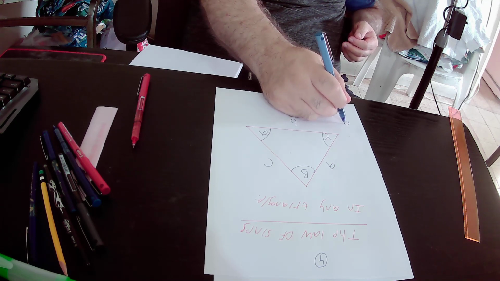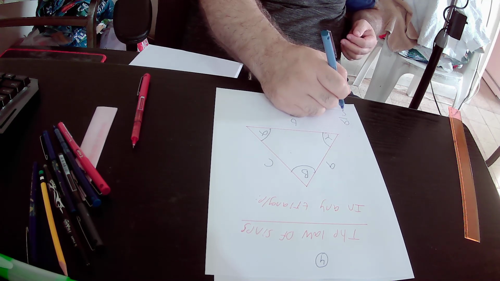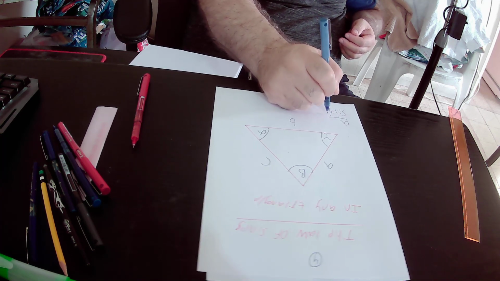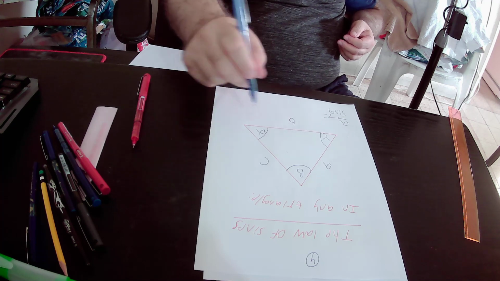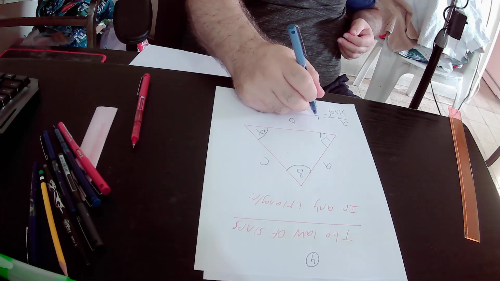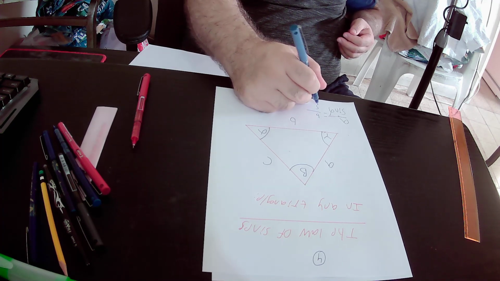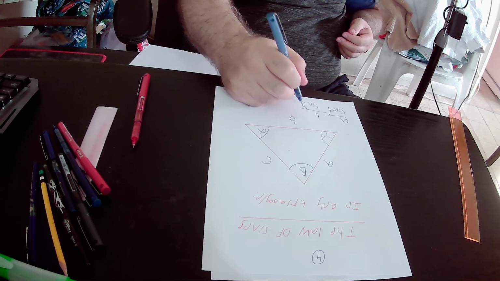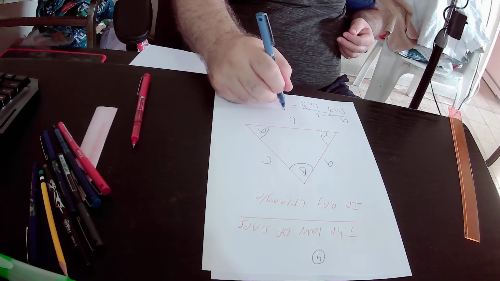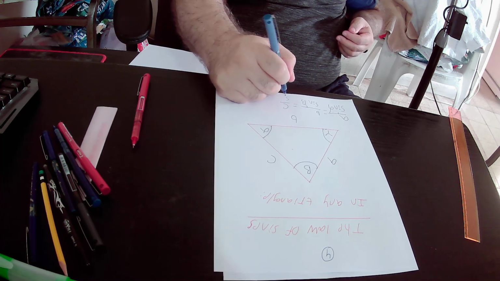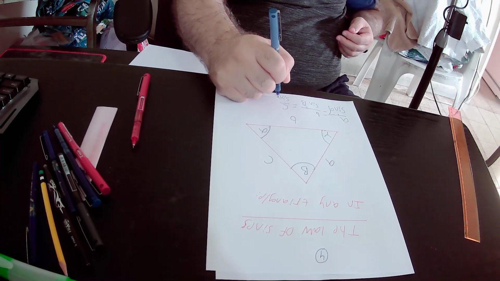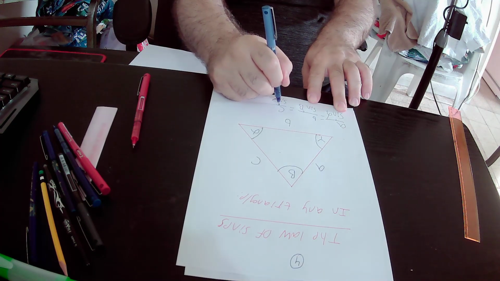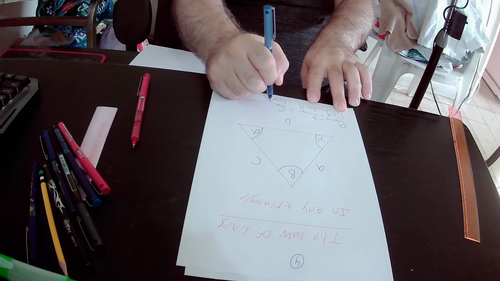A over sinus alpha equals B over sinus beta equals C over sinus gamma. It is true for any triangle.